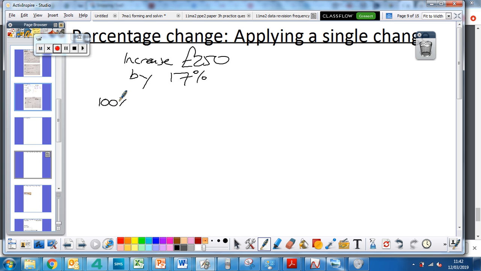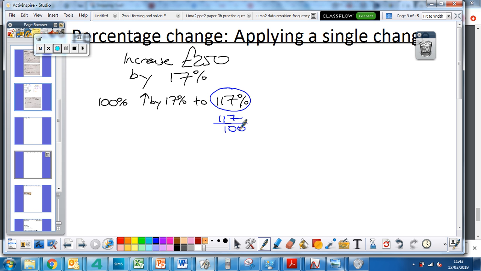It goes from 100% up by 17% to 117%. And this is where the multiplier comes into effect. We need a multiplier for 117%. Now remember, 117% means this, 117 per, which means divide, cent, which means 100, which is 1.17.